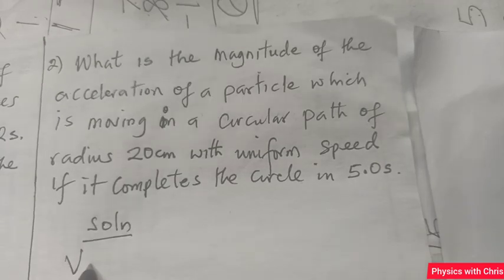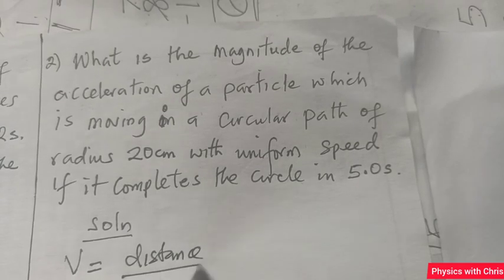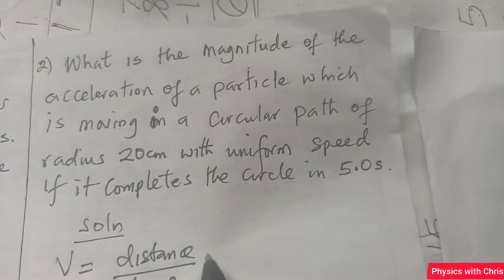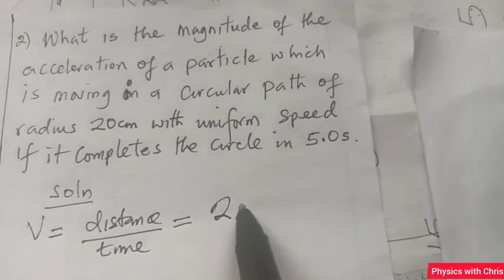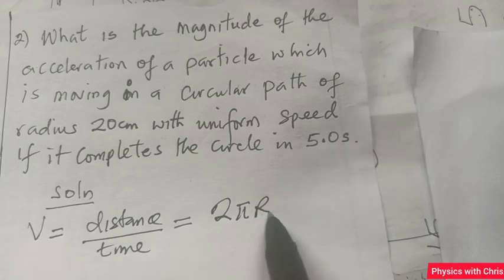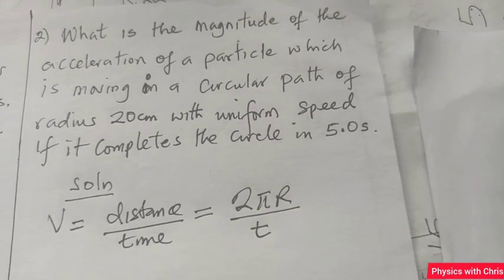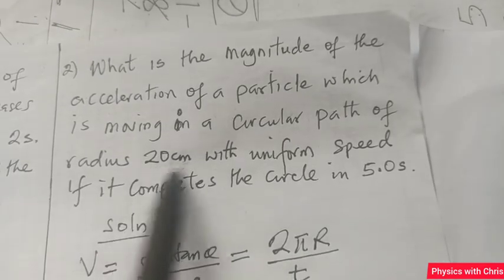So speed is given by distance covered by the body divided by time taken. This is how we define constant speed. The distance is the same as the circumference of the circle, 2 pi times the radius of the circle, divided by time t, which is 5 seconds. We're given the radius of the circle as 20 centimeters, and we need to express that in meters.